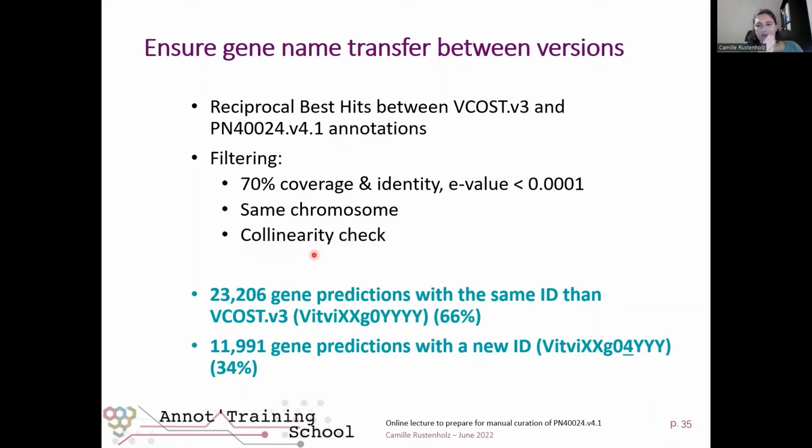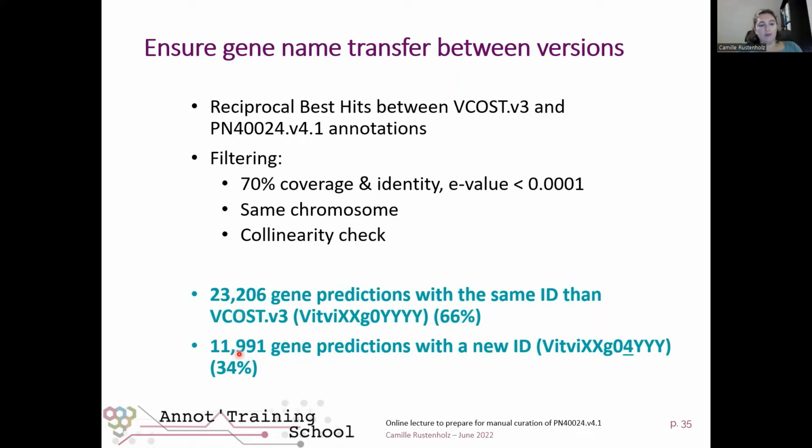We checked collinearity to confirm that we could keep the same name from VCOST v3 for this v4.1. Overall, we were able to reuse previous gene names for 76% of the genes, so more than 23,000 gene predictions. They have the same ID and name in the v4.1 as in the VCOST v3.